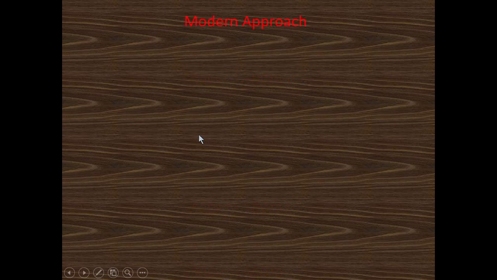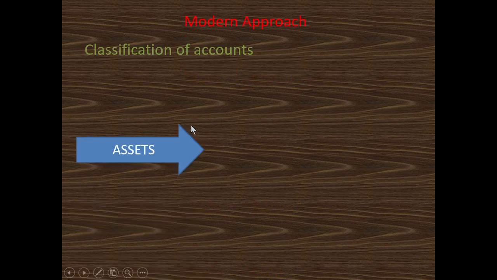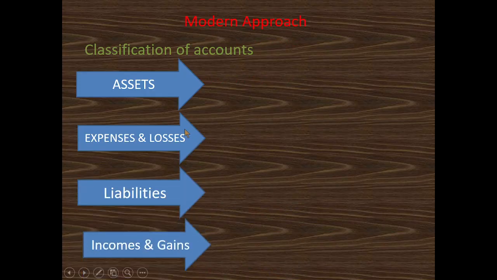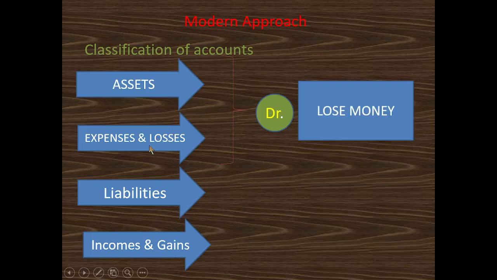As per the modern approach, the accounts are classified into assets, expenses and losses, liabilities, incomes and gains. In this, assets, expenses and losses have a debit balance. Why? Because while purchasing an asset and incurring an expense, we lose money, or something that has monetary value either today or tomorrow.